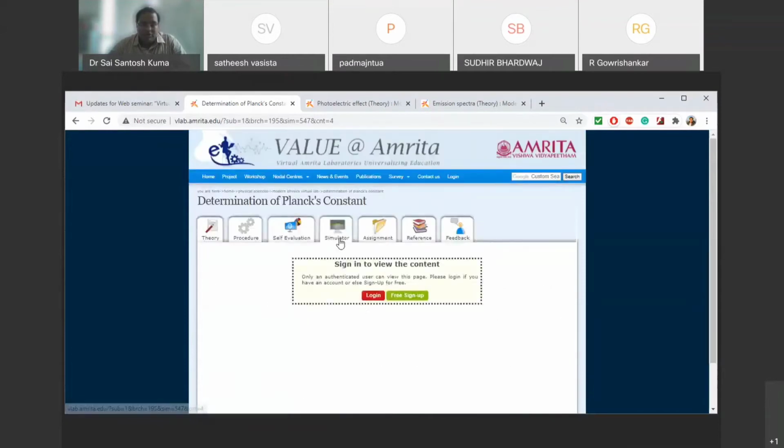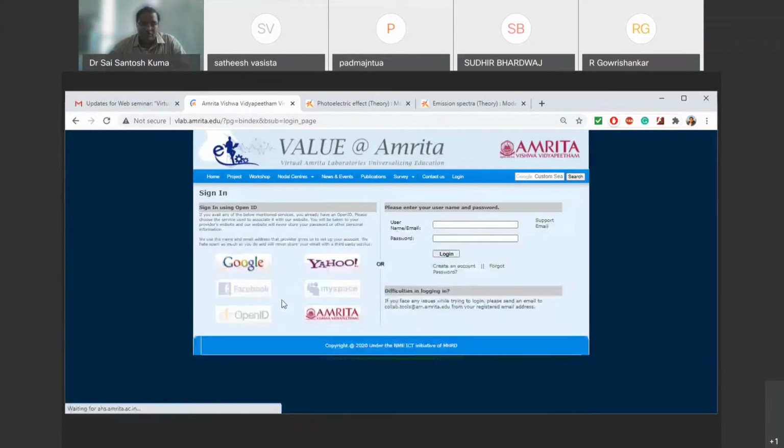As soon as you click the simulator, you need to log in. I have my own login and password, so I can just use it.